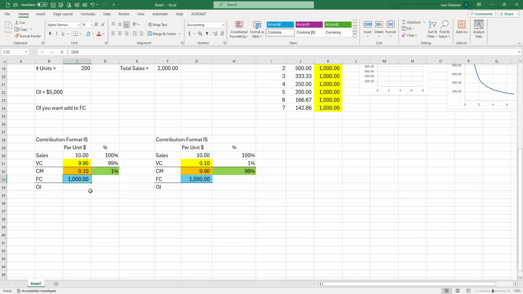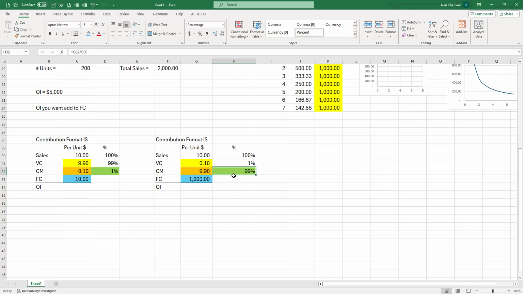Here the fixed cost, let's leave it $10. Here my fixed cost will be ginormous. Where is my structure here? Where is also my operating leverage? Because here, as you can see, 1 unit contributes 1%, where here 1 unit contributes 99%.